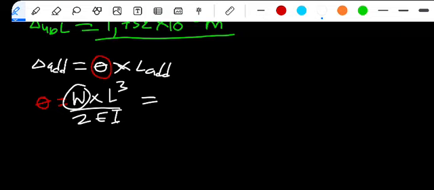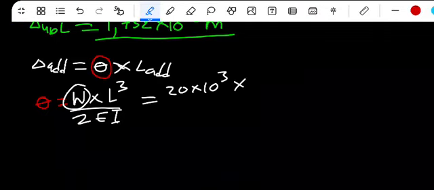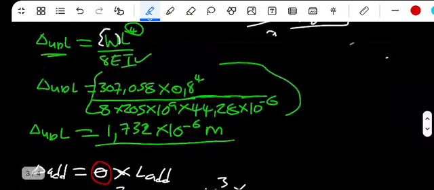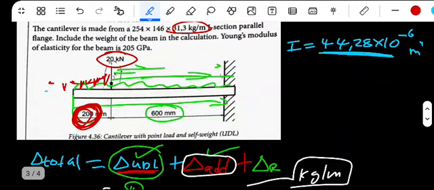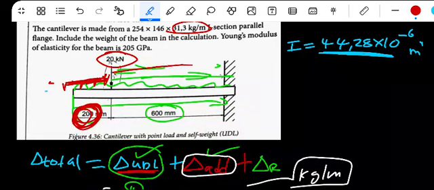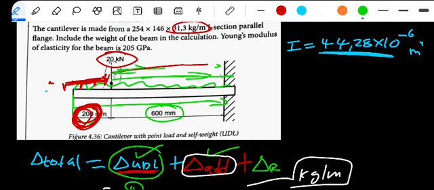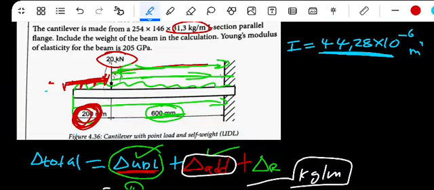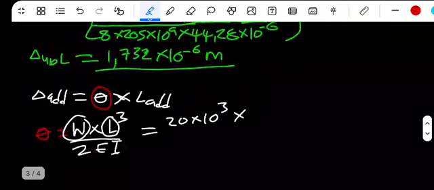So 20 times 10 to the power of 3. Remember that was in kilonewton. The length, remember it's not the additional. The additional is the one that I've highlighted with red. It's the one highlighted with green, from this point to the fixed support, which is 600, a straight one.